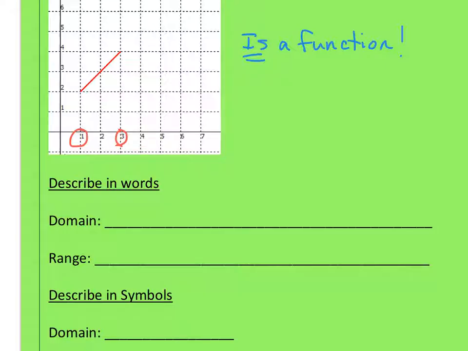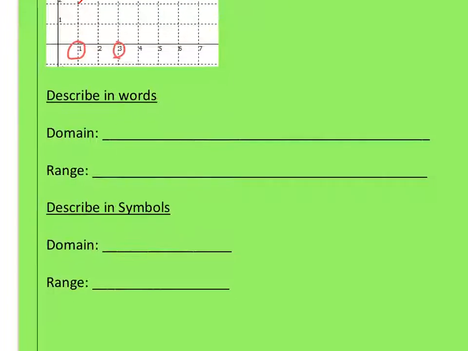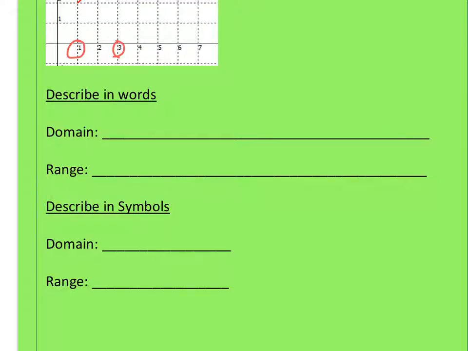So let's just draw the symbols for the domain. Wouldn't that look like my x value would be less than or equal to 3, but greater than or equal to 1? So it's really a compound inequality.